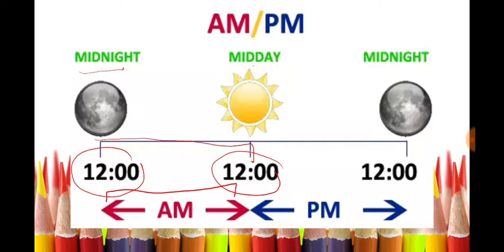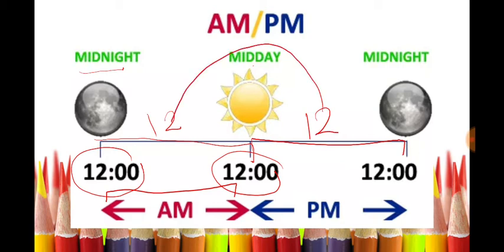And p.m. starts from midday or noon until 12 midnight. So here I have 12 hours for a.m. and 12 hours for p.m. Both of them make my day, which is 24 hours in a day.